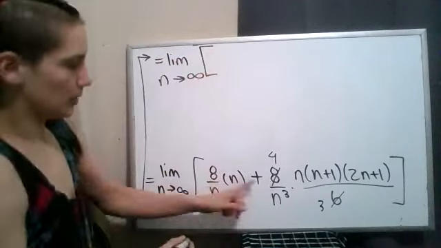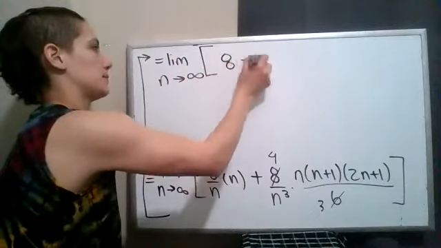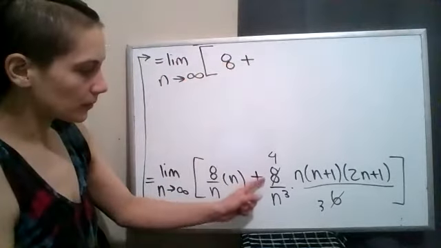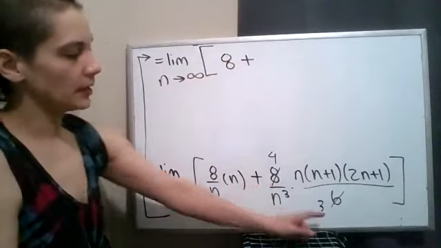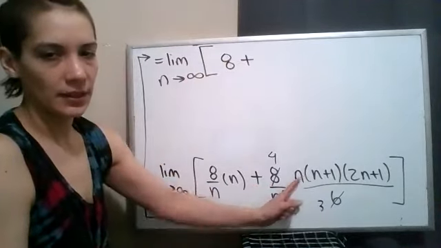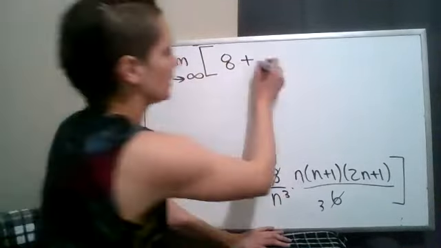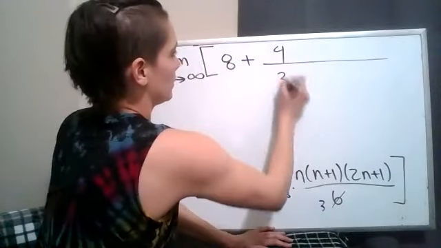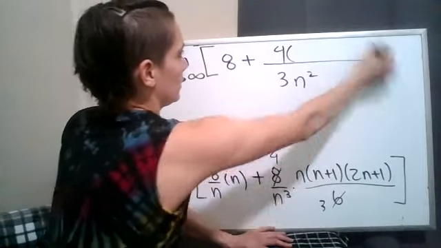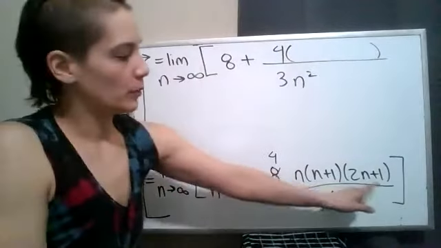Cool. 8 plus this divided by 2 is 4, that divided by 2 is 3, and then I've got this n squared in the denominator. We're going to FOIL out this one, which we've done before.